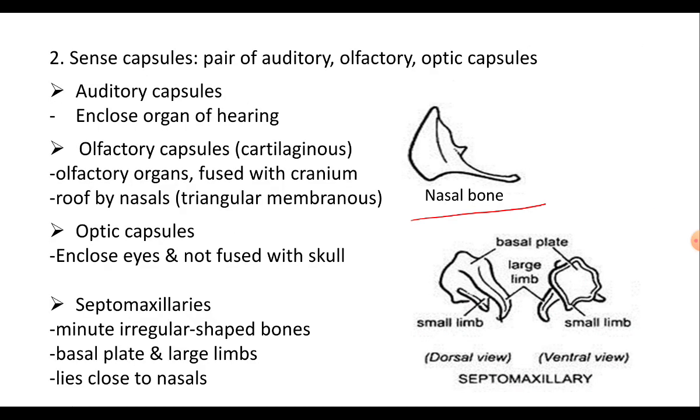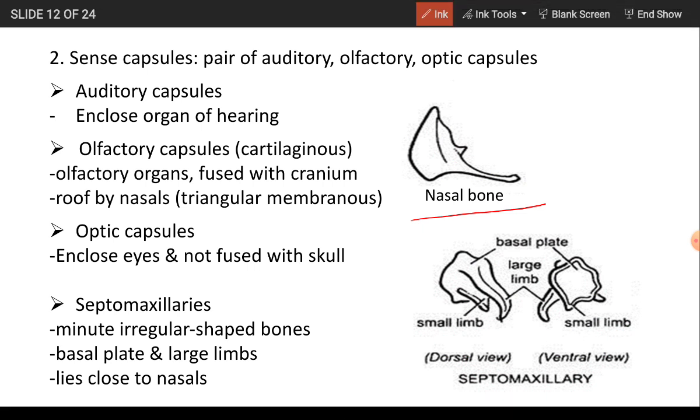This can be observed in the loose bones. The Septomaxillaries are small, irregularly shaped, present at the anterior tip of the skull, very close to the anterior tip of the nasal bones.